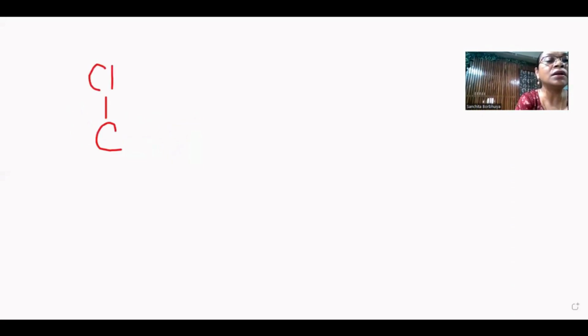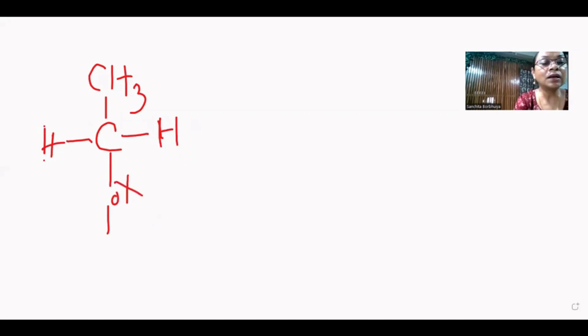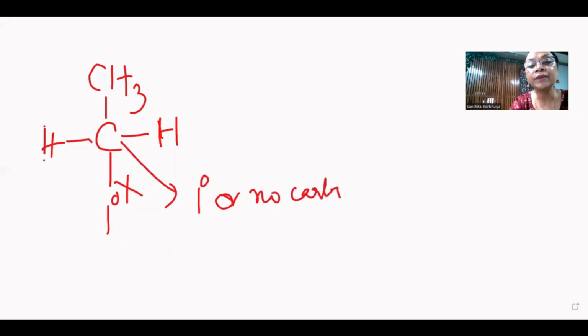What is the meaning of a primary carbon? A primary carbon or a 1-degree carbon is a carbon which has one carbon attached or no carbons attached, provided there is a functional group X attached on the 1-degree carbon.